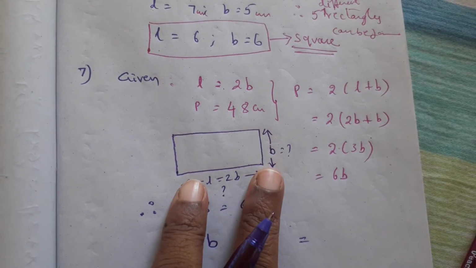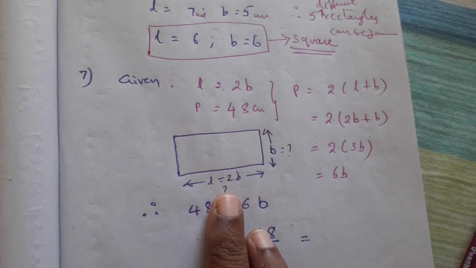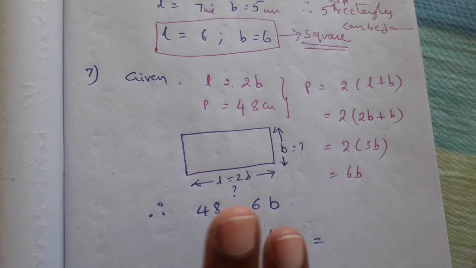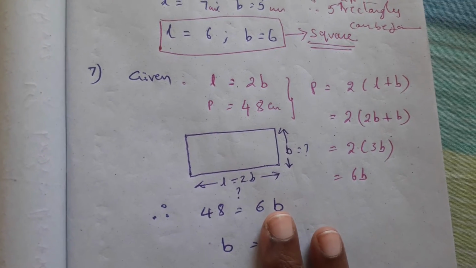What is the measurement of the length? What is the measurement of the breadth? The other word for it is dimensions. Remember, children, you should know the relevant words, then only you can answer the questions properly.